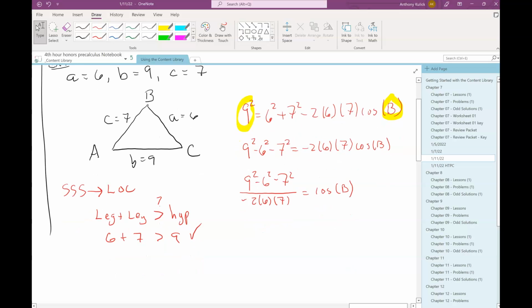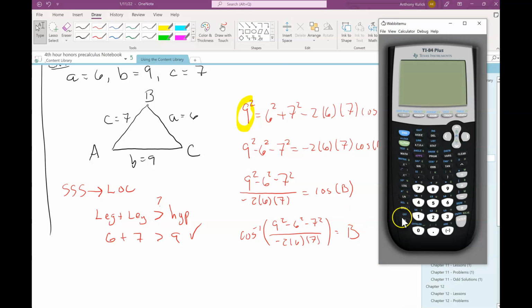So far, so good. And then cosine inverse. And this is a situation where if you haven't been using the fraction command on your calculator, you'll get severely punished because it's tough to get the parentheses right for your calculator to do the order of operations here in the way that you really want them to.